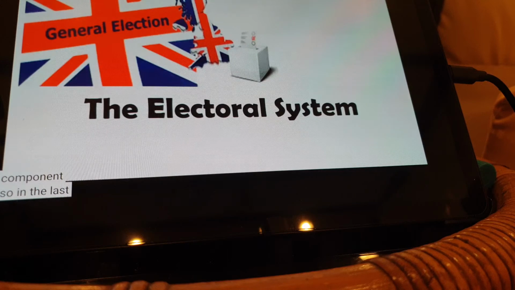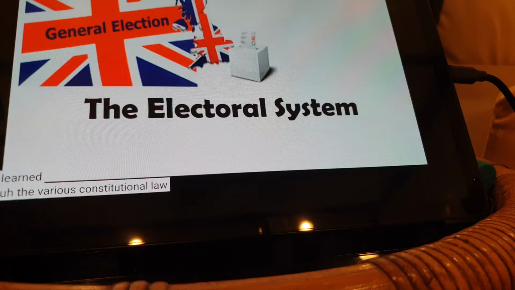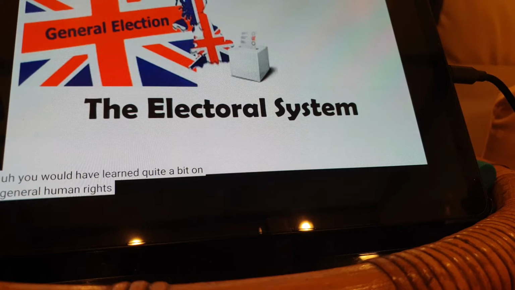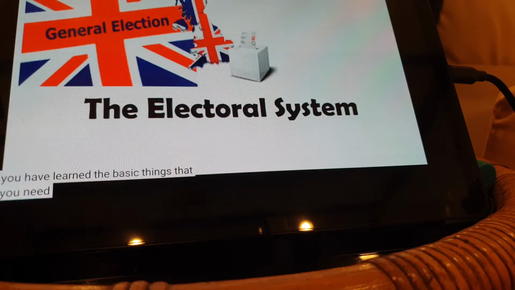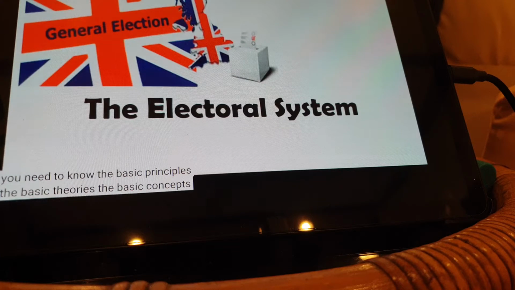So in the last semester, you would have learned the various constitutional law concepts. You would have learned quite a bit on general human rights laws for the UK. You have learned the basic things that you need to know, the basic principles, the basic theories, the basic concepts.